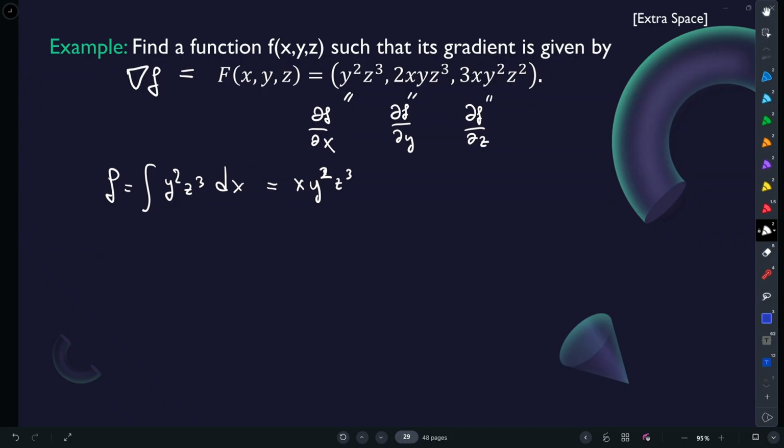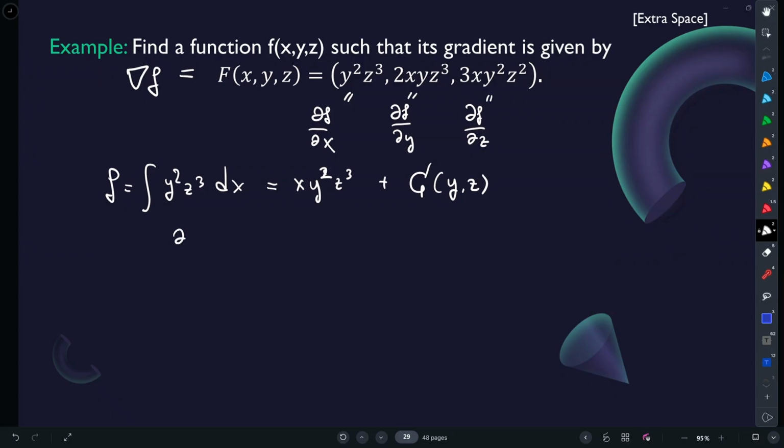But this constant of integration can be a function now of y and z. So that is a constant of integration, but it is possibly a function of y and z.